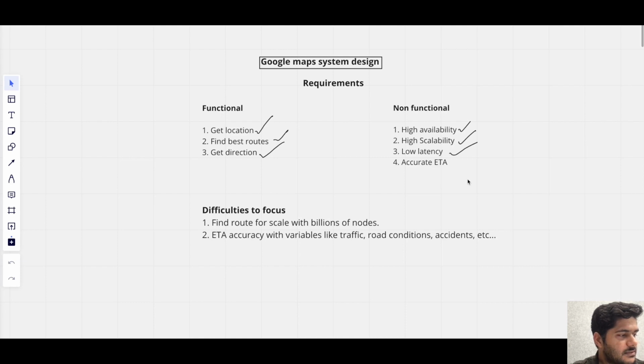And the last is the estimates for the route. Normally it gives you the route with the time, that from source to destination it will take you 4 hours. That cannot be exact, but it should be near to the real number, right?